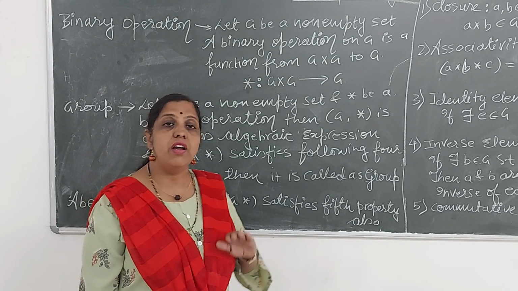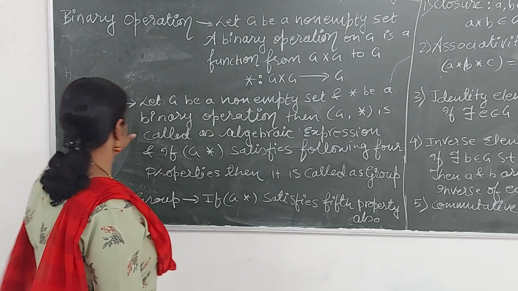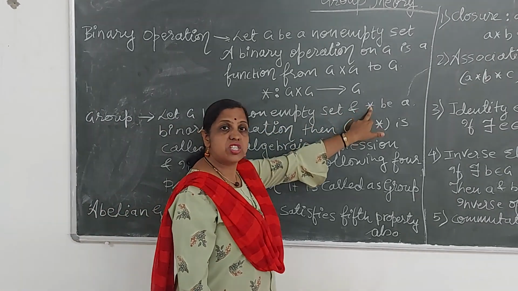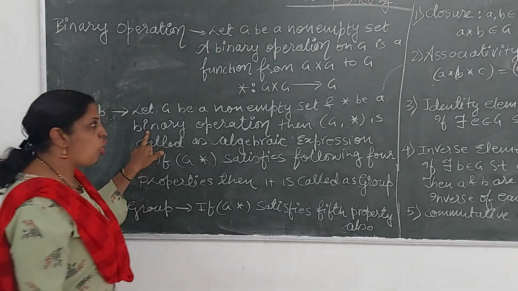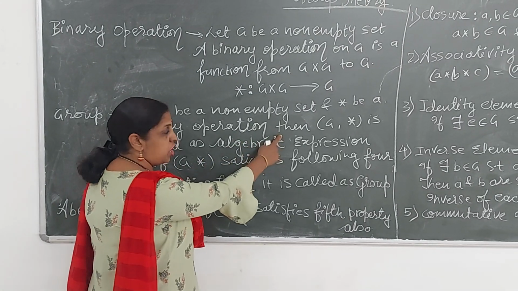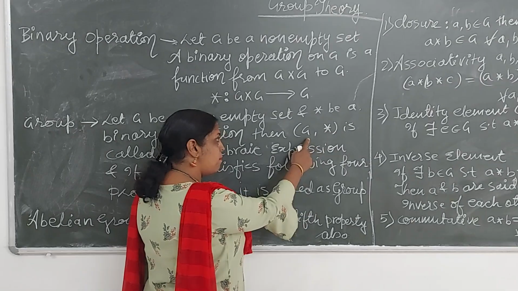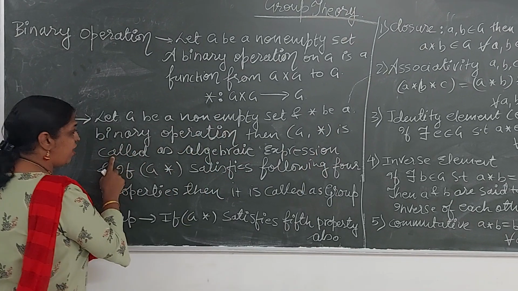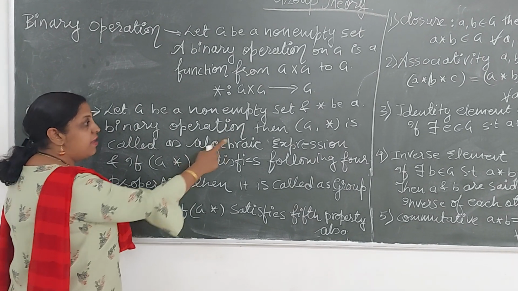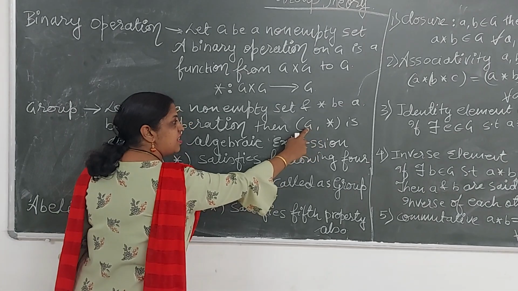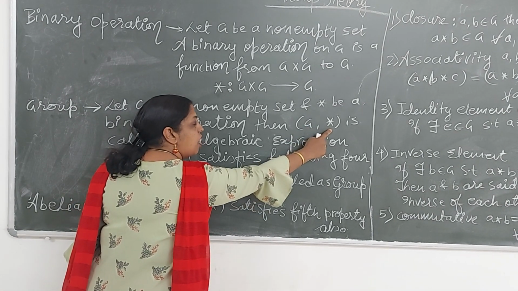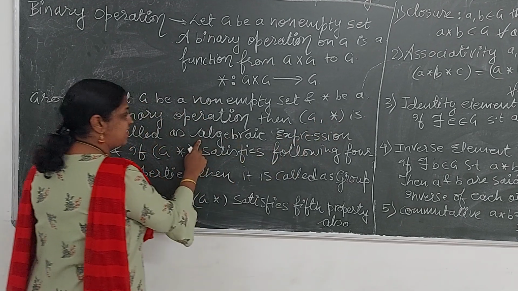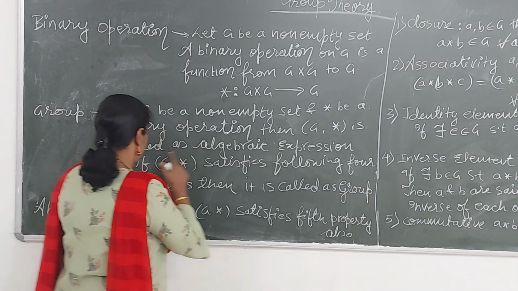Now we will go for the definition of group. What is a group? Let G be a non-empty set and star be a binary operation. Then the combination G comma star, that is the set G and the binary operation star on that set G, is called an algebraic structure.